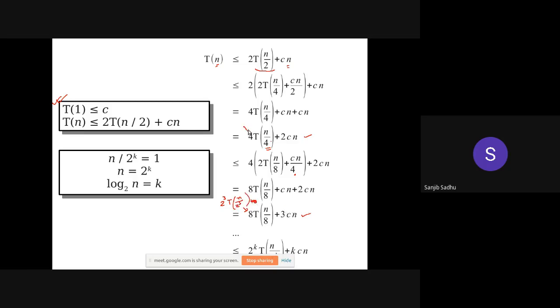Similarly here, this 4 can also be written as 2 square, and here 8 is 2 cube, and this 3 is the exponent. So if we expand like this, we will get a term here: 2^k T(n/2^k) + k into Cn. Is it clear up to this?